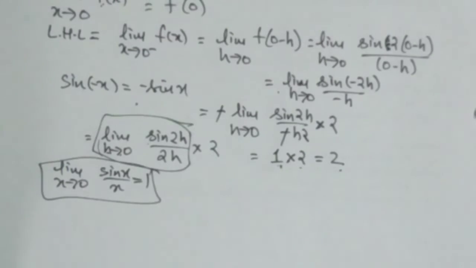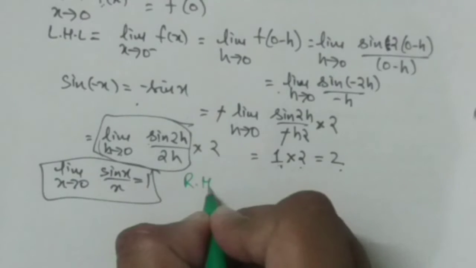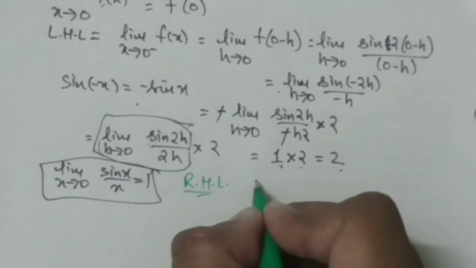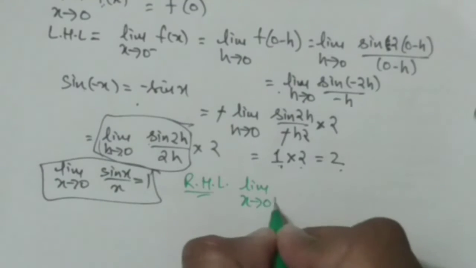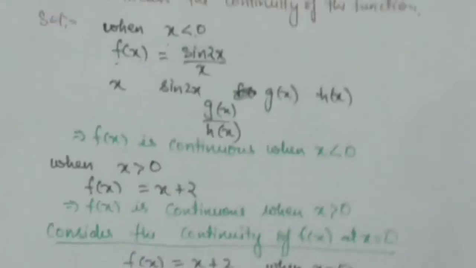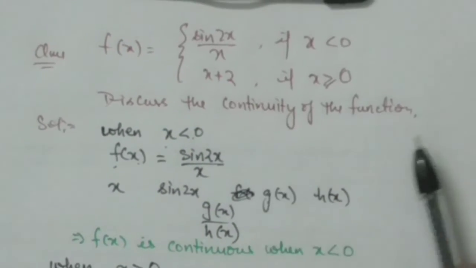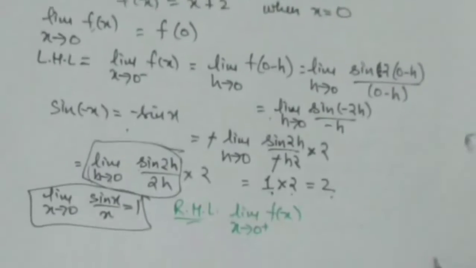Now I have to consider the right hand limit. I need to check the right hand limit of f(x) at x is equal to 0. So let us see its right hand limit. First of all, see, when x is greater than 0, f(x) is equal to x plus 2, right?